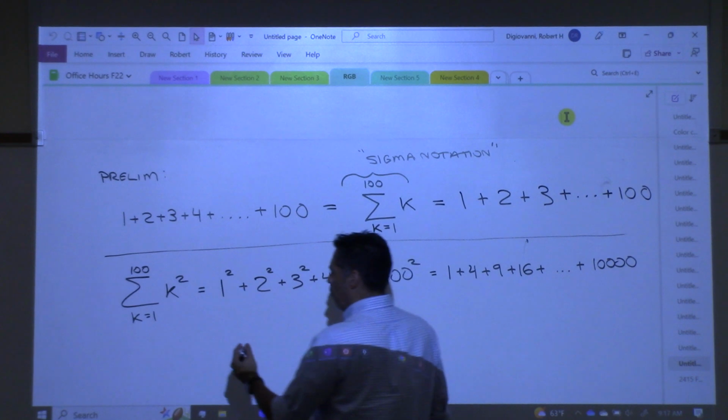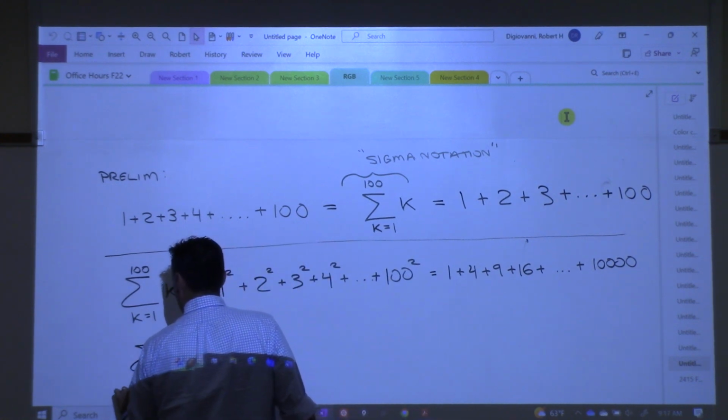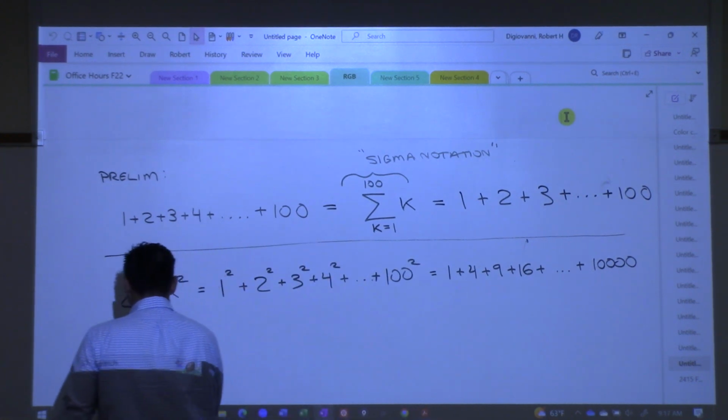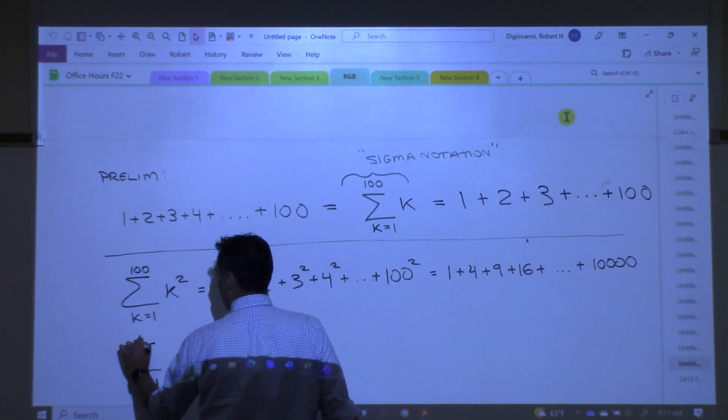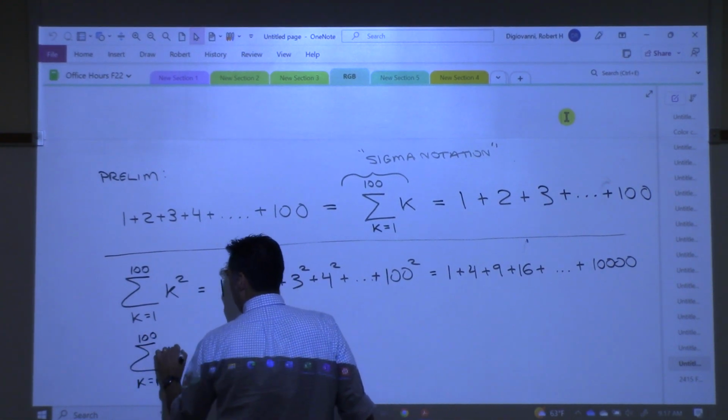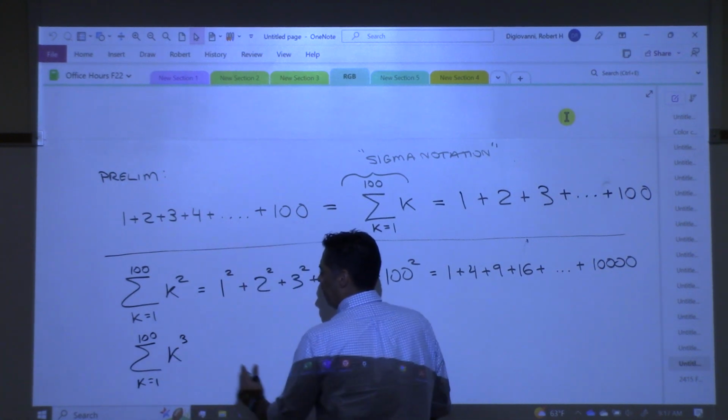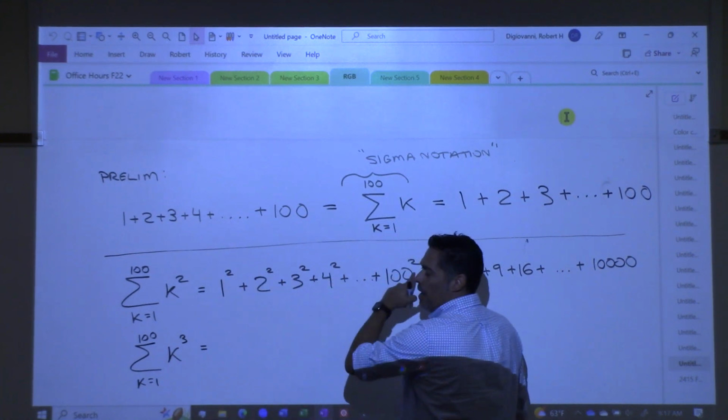All right, let's do one more. Sum, K, I put N, K equals 1 to 100 of, how about K cubed? This time I'm not going to write them out like this.